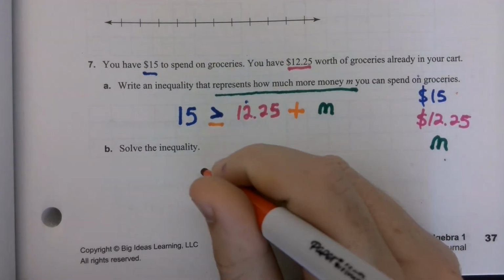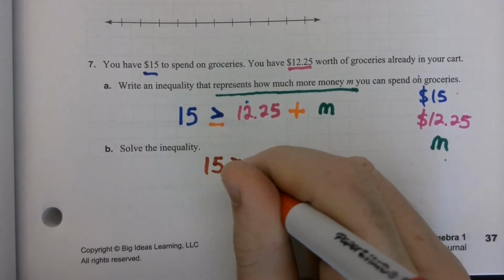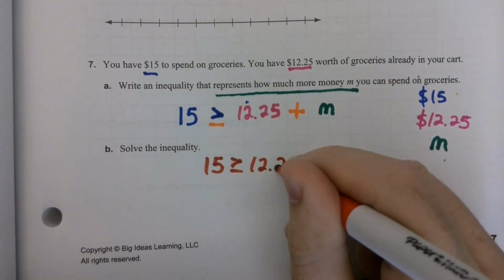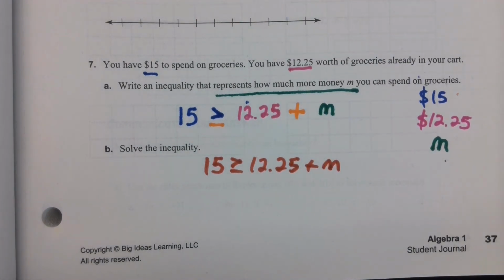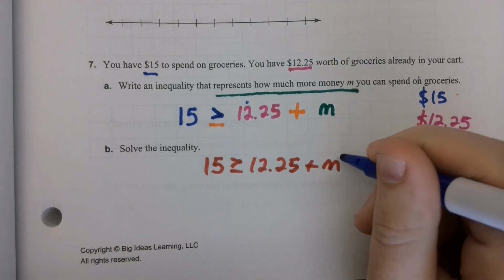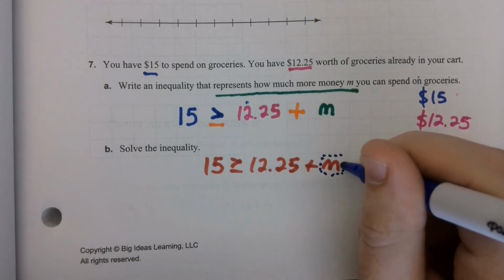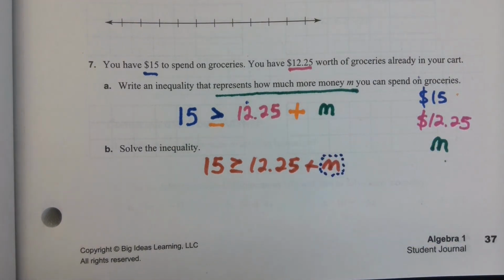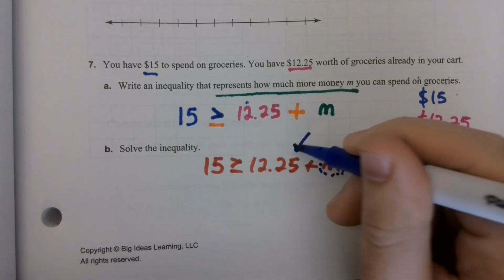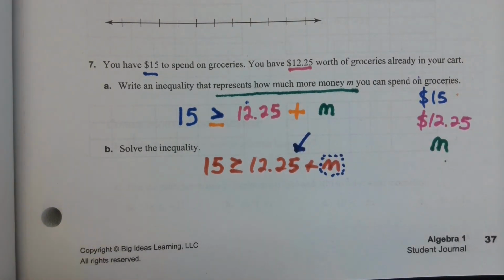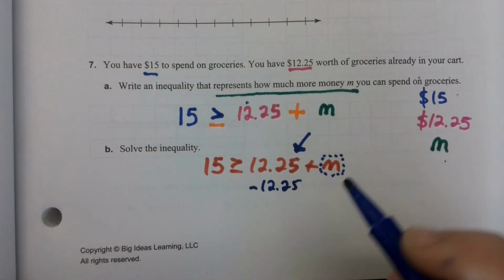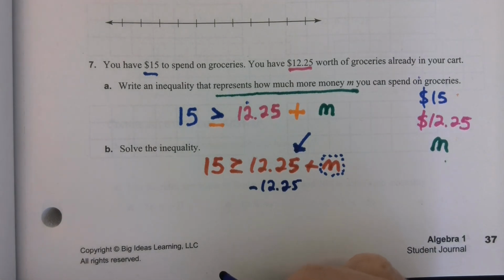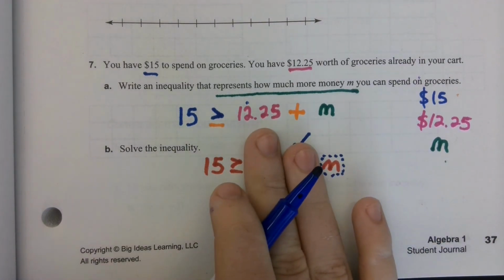Now we just need to solve it. To solve this inequality, we have to consider what we're trying to get by itself. In this case, we want to get our variable M all by itself. Well, what's attached to our M? This plus 12.25. So to get rid of adding 12.25, what can I do? I'm going to subtract 12.25. That'll cancel it out and get the M by itself.